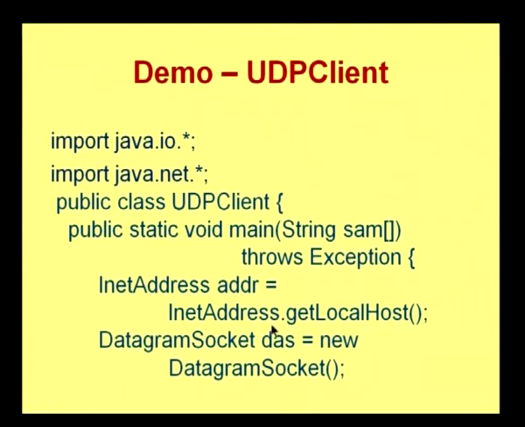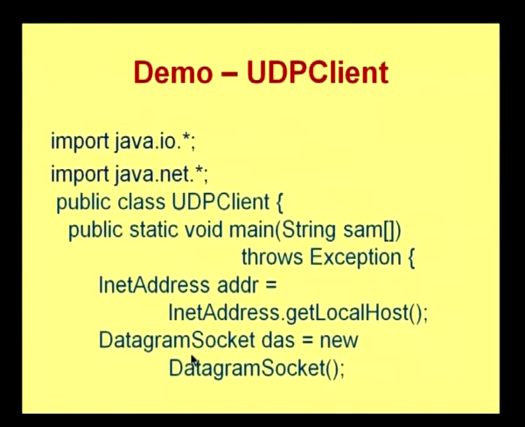Here you can see InetAddress.getLocalHost, which means you are getting the InetAddress object corresponding to your local host. This program could be used to create a UDP client-server communication from your current system to your current system.